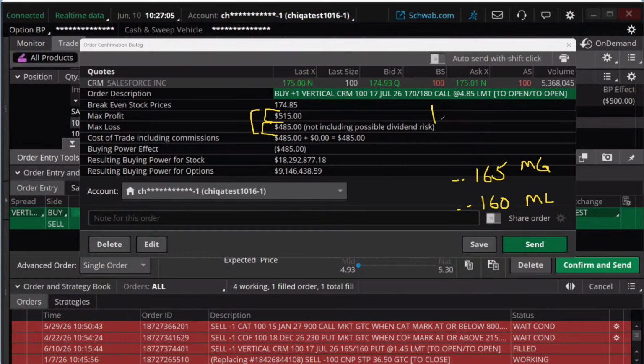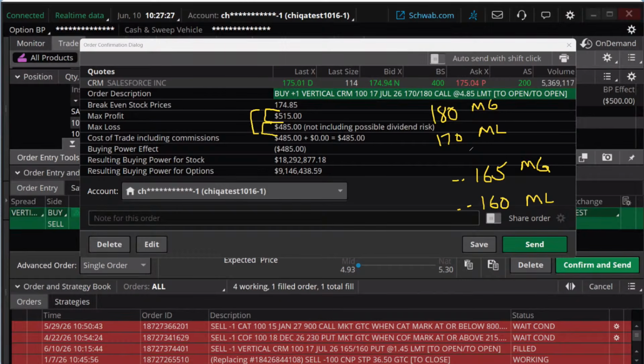In this case, our strikes are 180 and 170. Where's our max gain? Our theoretical max gain point is above 180. Our theoretical max loss point is below 170. We've lowered the probabilities.